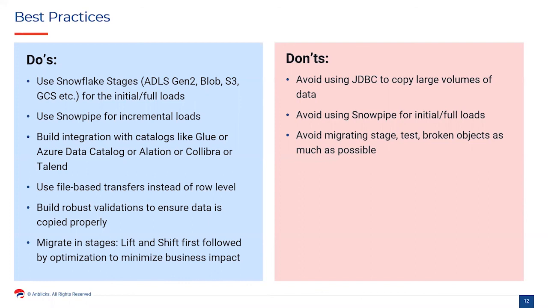Instead, always use a file level transfer, because Hadoop is a file-based system, right? And you can always use JDBC for incremental loads if you want, right? But for the initial or full load, use the file-based, leveraging the stages feature, and avoid using SnowPipe for initial and full loads, and then use this as an opportunity to clean up all your stage, test, and broken objects in your legacy big data platform. Okay?